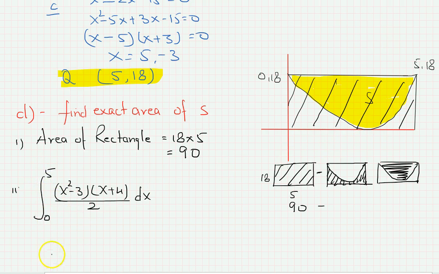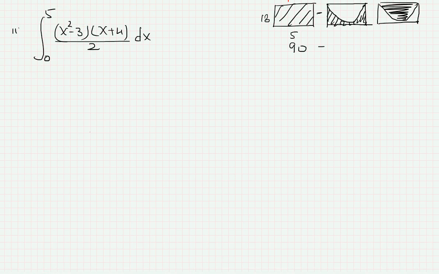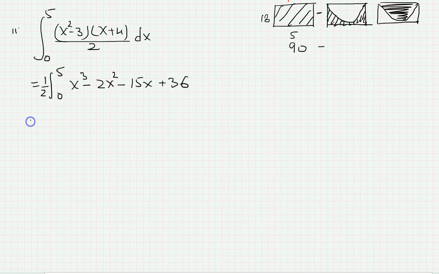This we have already proved that x cubed minus 2x squared minus 15x plus 36, that is 1 over 2. So if we integrate it, that is dx.